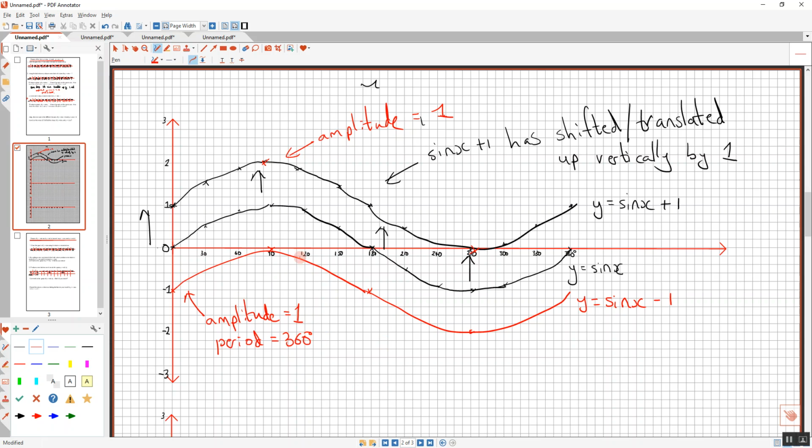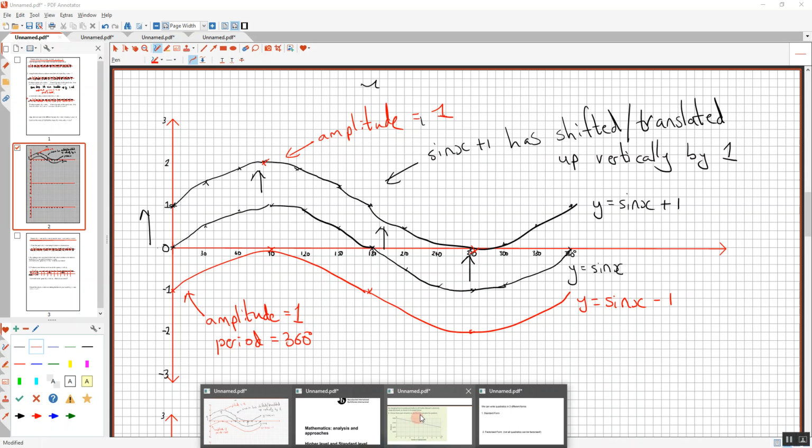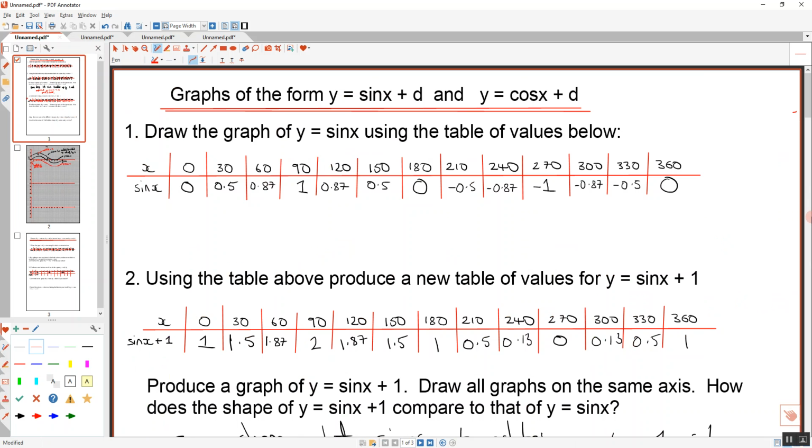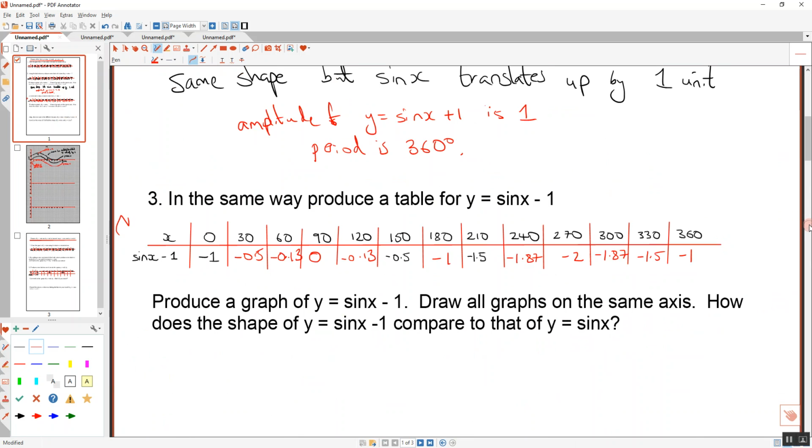Okay, the only thing that is changing is the graph is being translated. So it's being translated or shifted up or down depending on the value of b. We can say sin x minus 1 is the same shape as sin x.